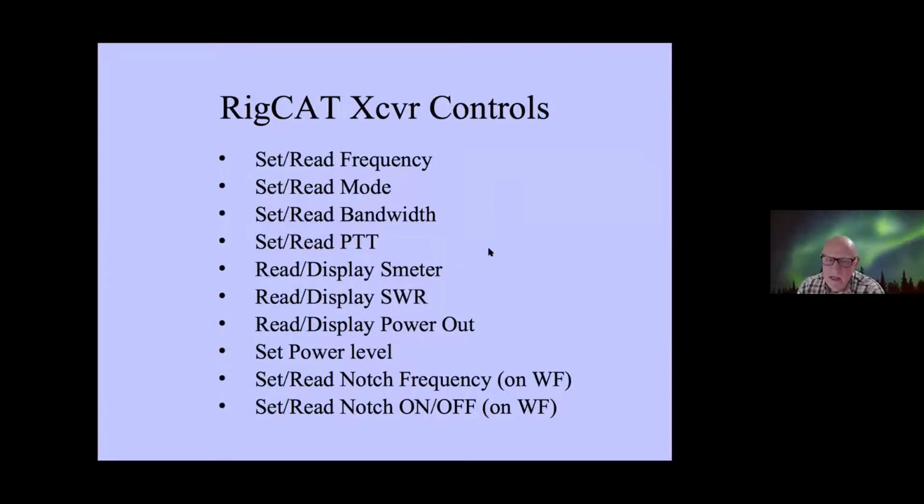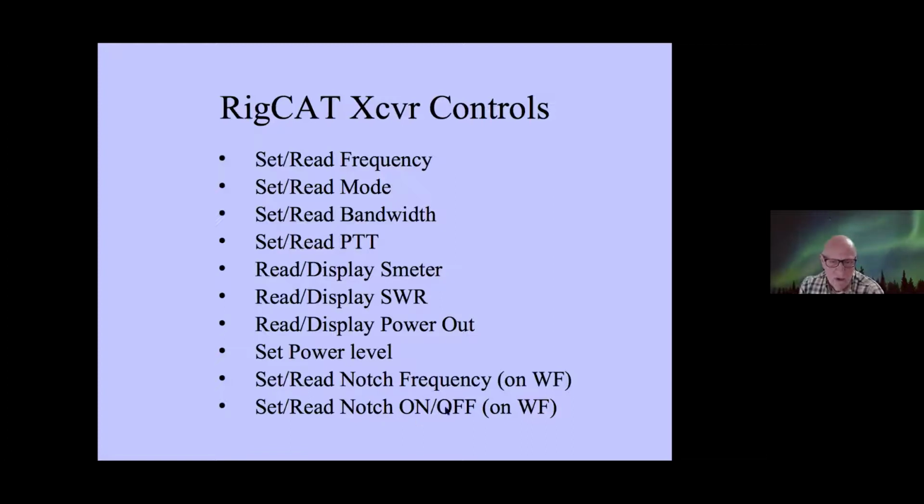RigCat has the ability, if the transceiver can support it, to set and read frequency, mode, bandwidth. It can control push-to-talk. It can read the S meter and display it, read SWR and power out when you're in the transmit mode. It can be used to set the power level at the transceiver. It can be used to set and read the notch frequency on the waterfall.